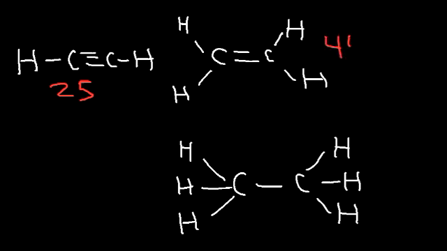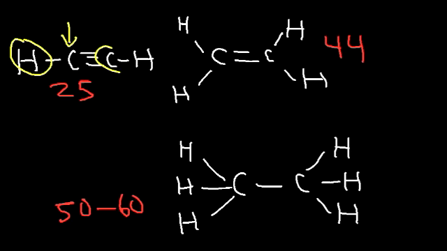For this particular alkene it's about 44, and for most alkanes it's about 50 to 60. So why is it that the alkyne is much more acidic than an alkane? It has to do with the hybridization. What's the hybridization of this carbon atom? Because there's two groups that it's attached to, it's going to be sp hybridized.